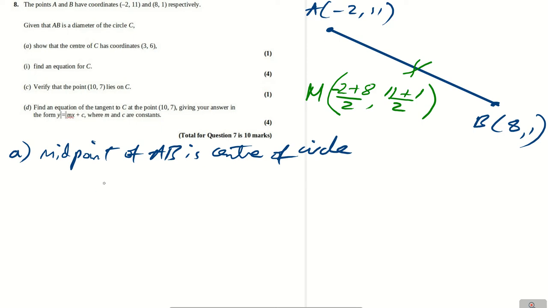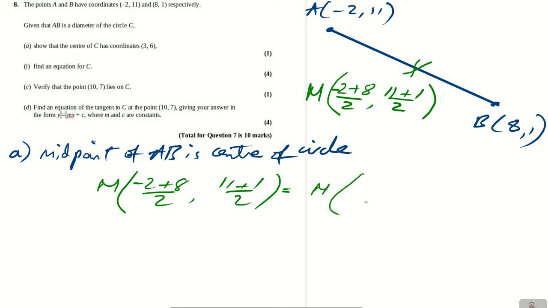So in other words, M, the midpoint, is minus 2 plus 8 over 2 and 11 plus 1 over 2, which is minus 2 plus 8 is 6, 6 over 2 is 3, 11 plus 1 is 12, 12 over 2 is 6. Only one mark, and we've done it. You do need to know the formula for how to work out the midpoint of a line.